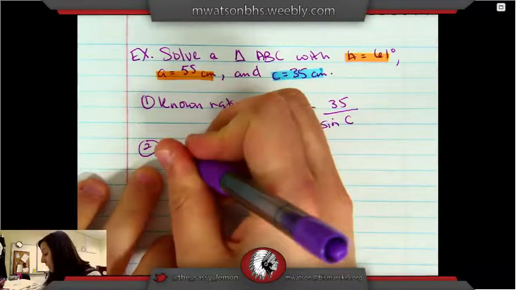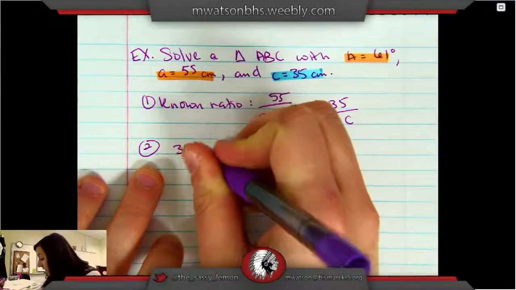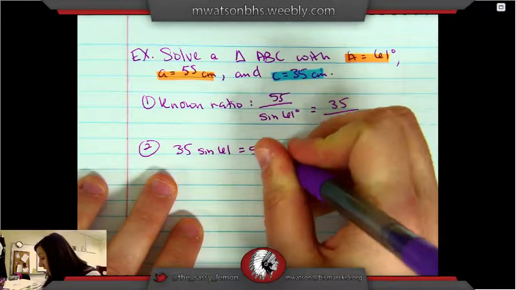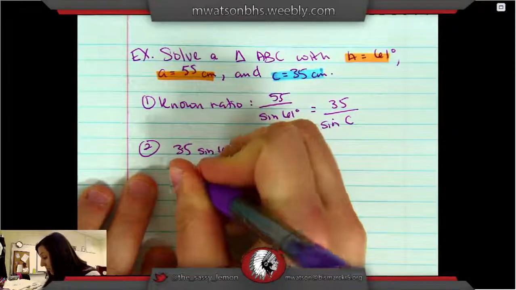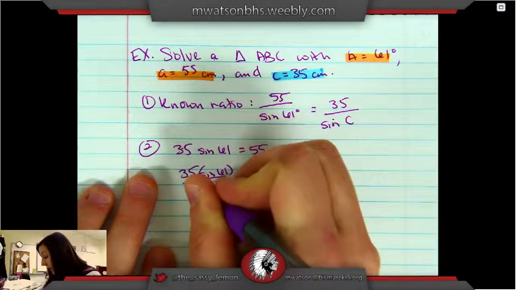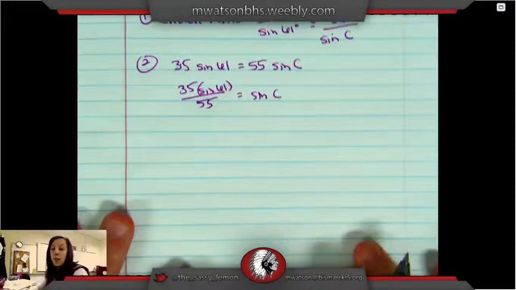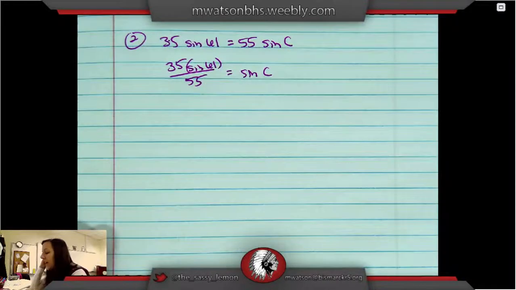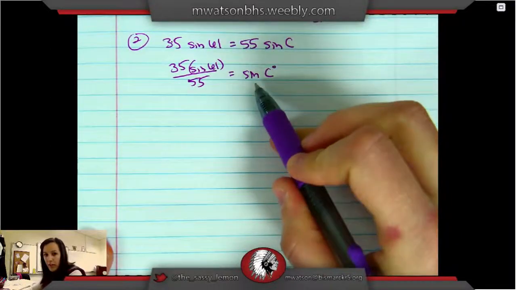And we're going to end up with 35 sine of 61 equals 55 sine of C, and then divide, and we'll end up with 35 sine of 61 over 55 equals sine of C. This is one of our very first skills, like skill 7 or something, where we have an angle that's unknown and we have a trig function next to it.